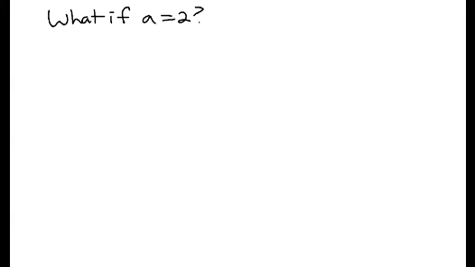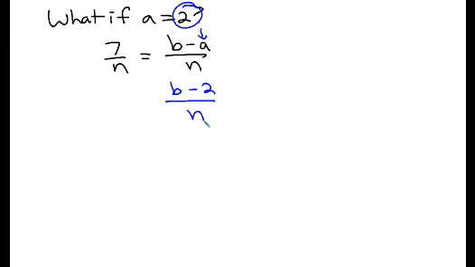Okay, if a equals 2, I'm still using this b minus a over n thing, and it still has to equal 7 over n. So if I put a 2 in for a, then I have b minus 2 over n equals 7 over n.